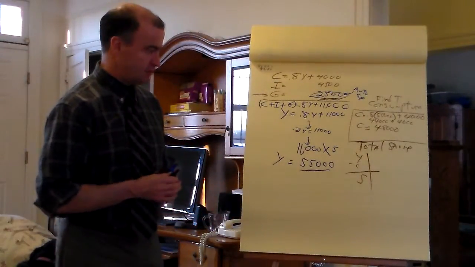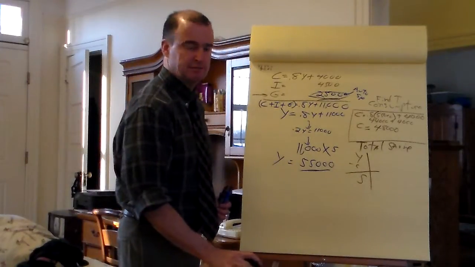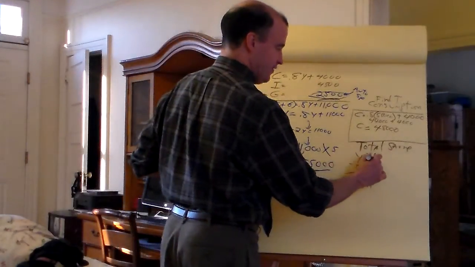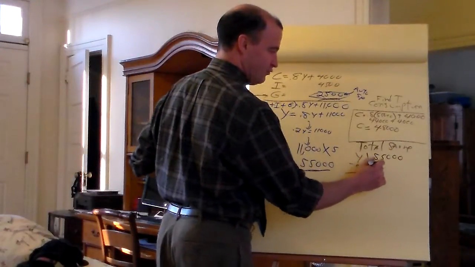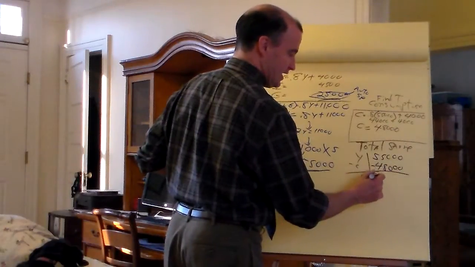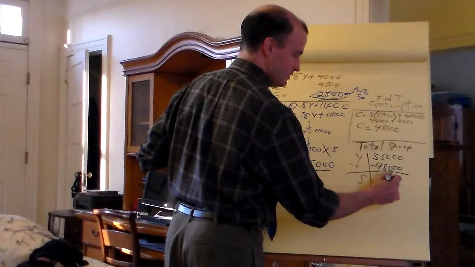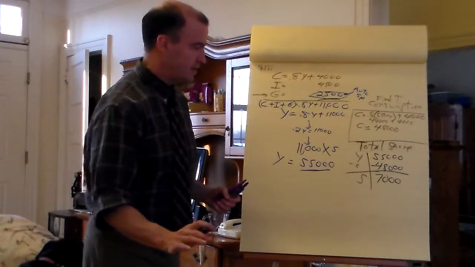Don't revise anything. Don't say to yourself, oh, government. No, saving is defined as Y minus C, period. 55,000 minus 48,000. I get 7,000.